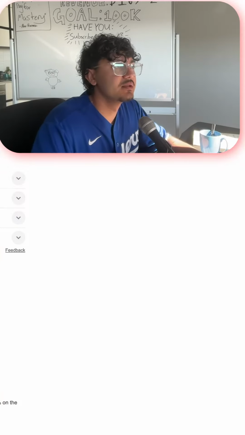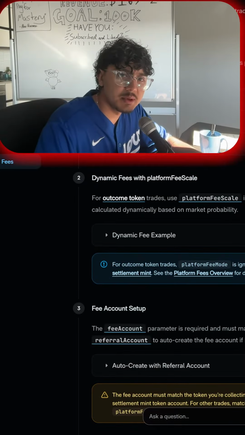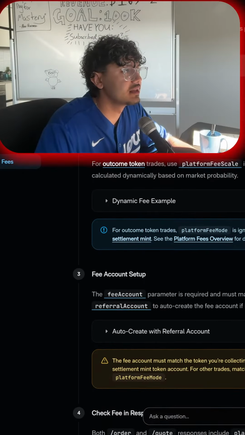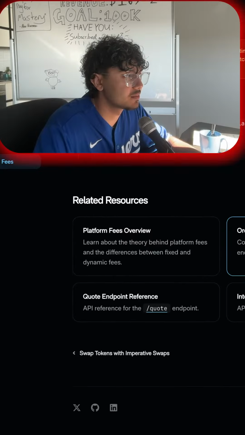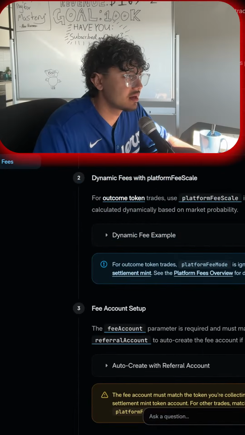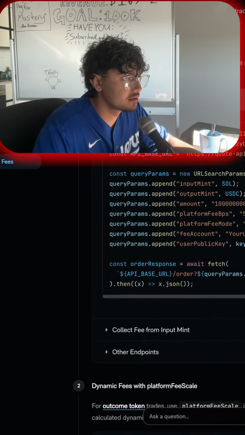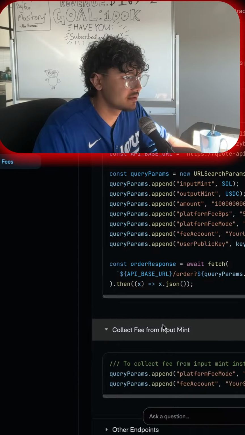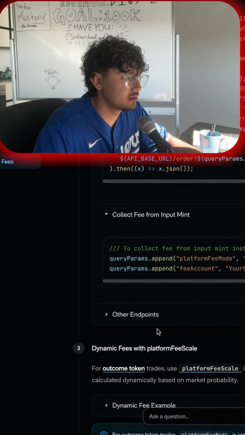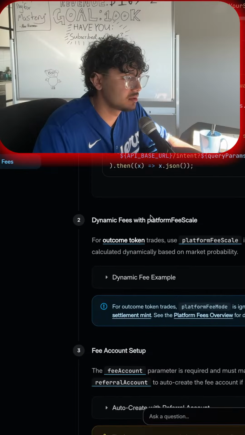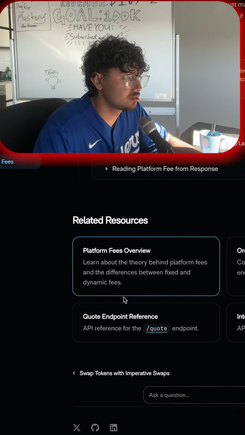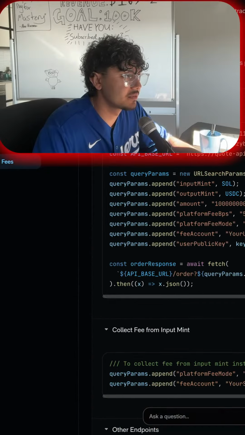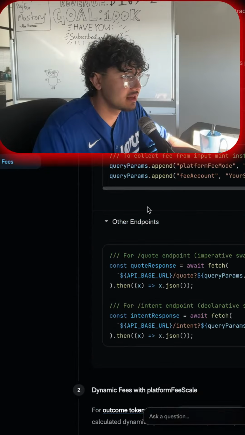So I'm asking two different questions. I mean, wouldn't you say the implementation plan is already here? Like they've kind of done it for us, right? And we're just copying and pasting it in. It looks like they've got a basic example, collect fee from input, mint, other endpoints. So it looks like they've got two options here: fixed fees and dynamic fees.